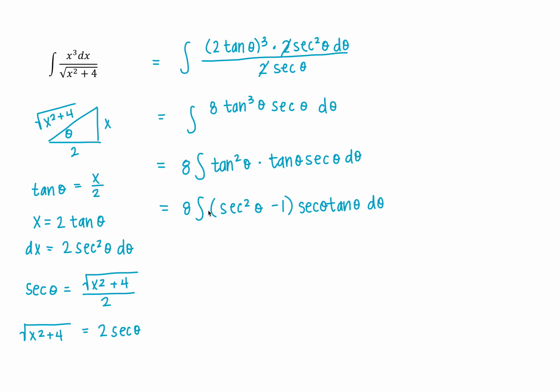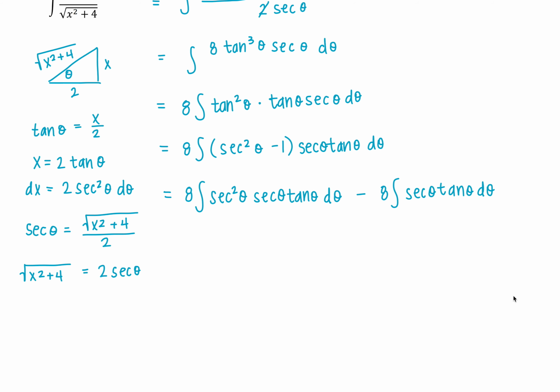I'm going to break this up into 2 separate integrals. I'm going to do u substitution with the first, and the second one I can just straight up integrate. So I have secant squared theta, secant theta, tangent theta, d theta, minus 8, and then we're going to integrate just the secant theta, tangent theta, d theta. So like I said before, the first one's going to be a u substitution. The secant theta would be our u.